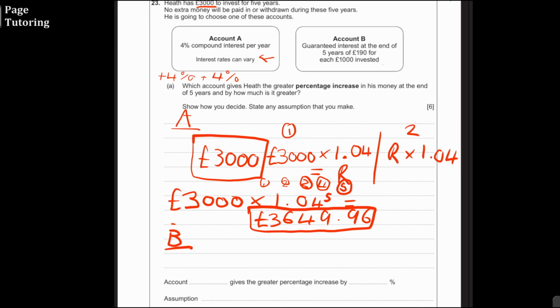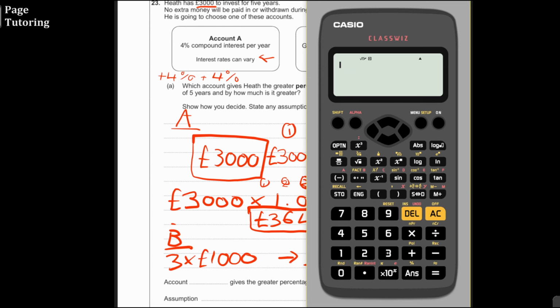Okay, well we've got £3,000, so we've got 3 times £1,000, which means we would get an additional 3 times £190. So we'll plug that into our calculator, 3 times 190, so £570 on top.